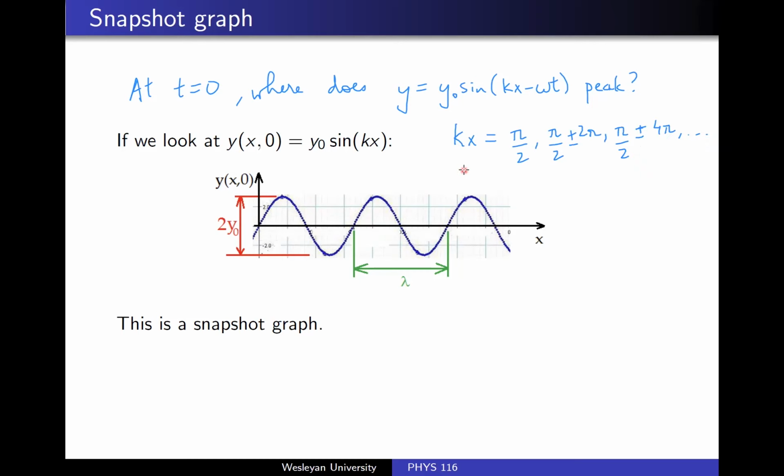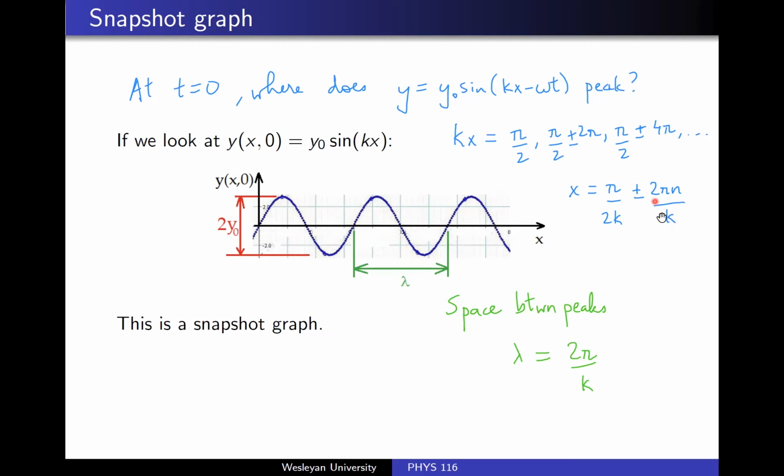For the sine function, we see that the peaks will be when kx is equal to pi over 2, or pi over 2 plus or minus 2 pi, or pi over 2 plus or minus 4 pi, and so on, which we can write as x equals pi over 2k plus or minus 2 pi n over k, where n is any integer. We notice that the space between the peaks of the function is 2 pi over k.